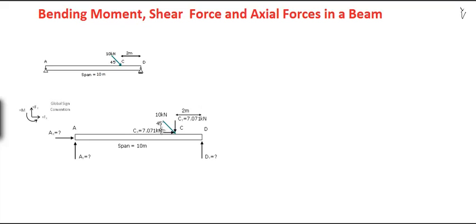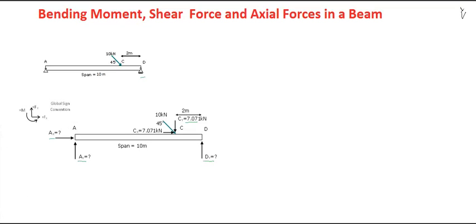We have the inclined load of 10 kN, which we resolve in x direction, which is 10 times cos 45, and in y direction it becomes 10 times sin 45, which is Cy. At the pin support we have vertical reaction and horizontal reaction, and at roller support D we have vertical reaction Dy.